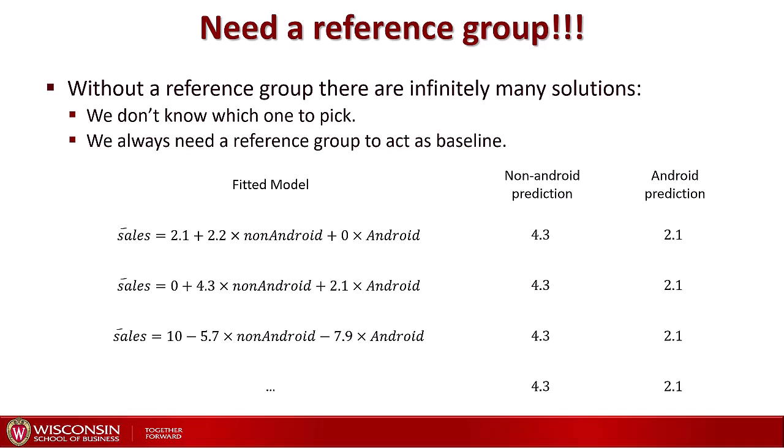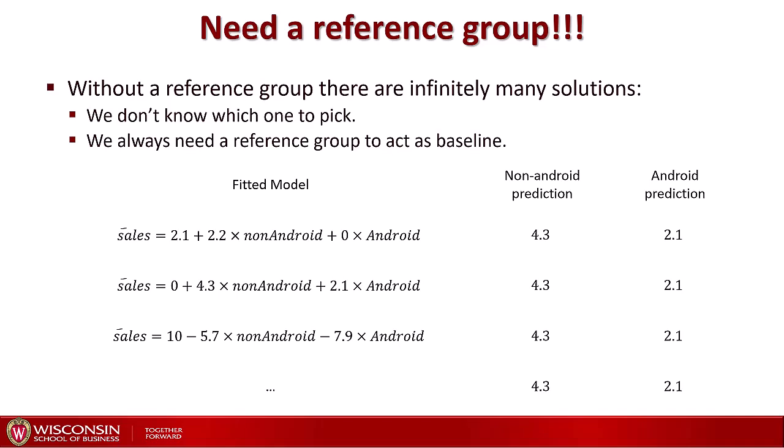Same way for the Android group. In that case, we get 0 for non-Android and 1 for Android, so that's 4.3 times 0 plus 2.1 times 1. It's 2.1. And you can play with the coefficients like that and find many solutions, infinitely many solutions, that will always give the same averages for the non-Android group and for the Android group.